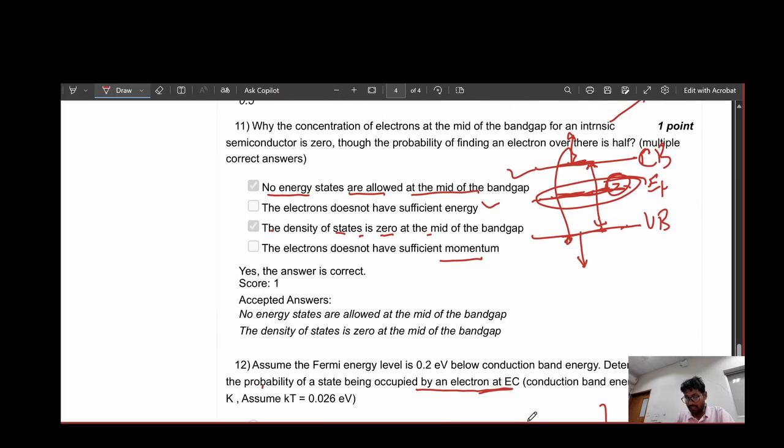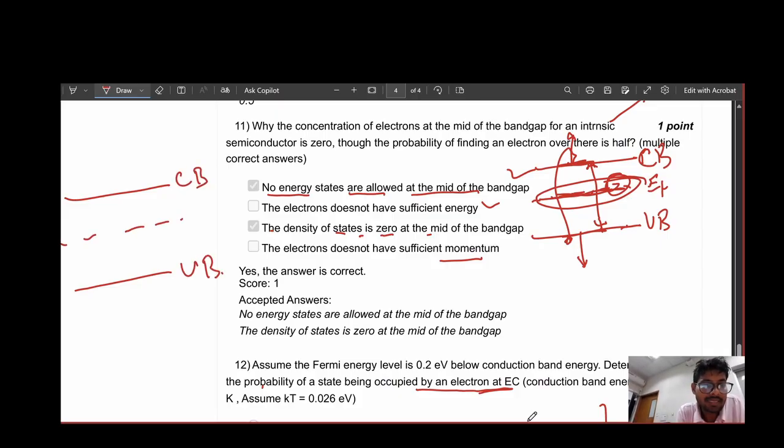In the 11th question, what we are looking at is the concentration of electrons. This is the conduction band, this is the valence band, and in the mid gap there is the Fermi level EF. This is an intrinsic semiconductor, there is no impurity, so the Fermi level will be in the middle.